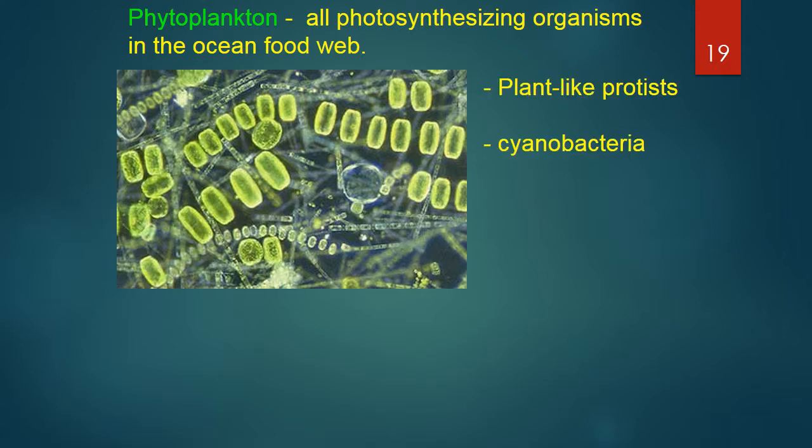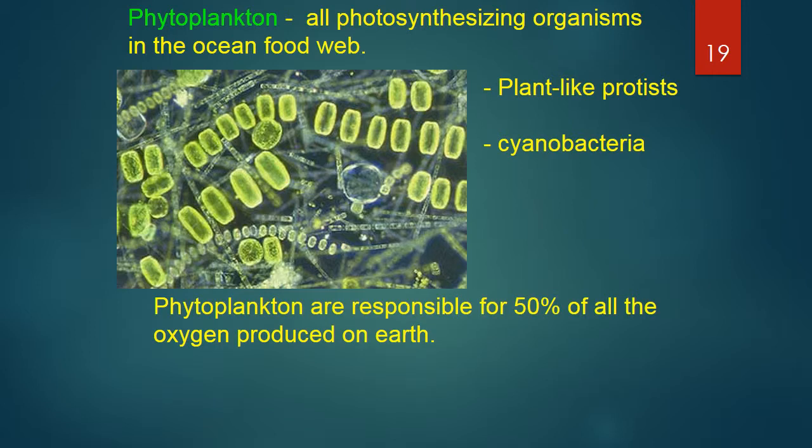So we have plant-like protists, like we've been talking about, and we have cyanobacteria. Those two things together make up the phytoplankton and are responsible for 50% of all the Earth's oxygen production. So even though they're microscopic and you can't see them with the naked eye, they are so important to our existence on Earth.